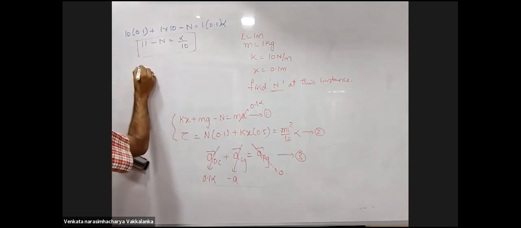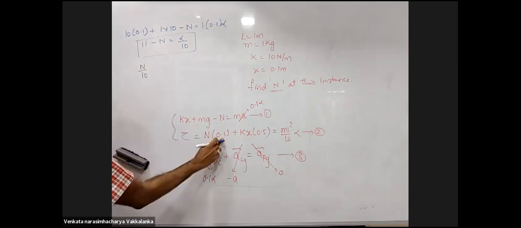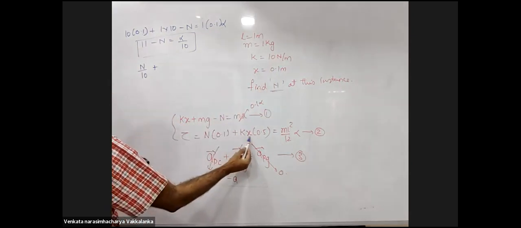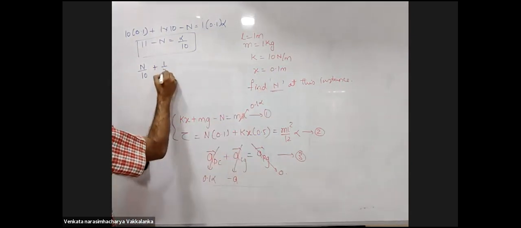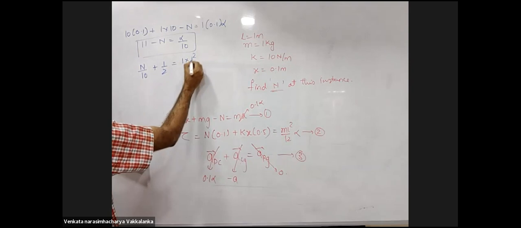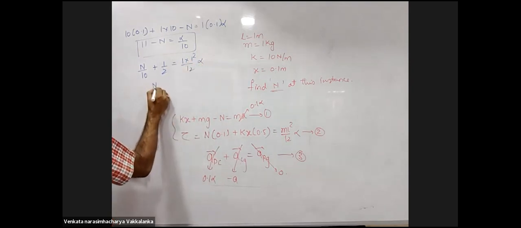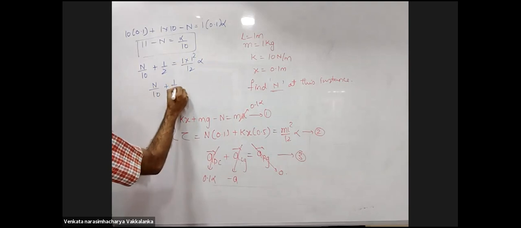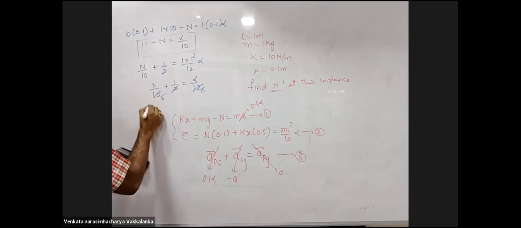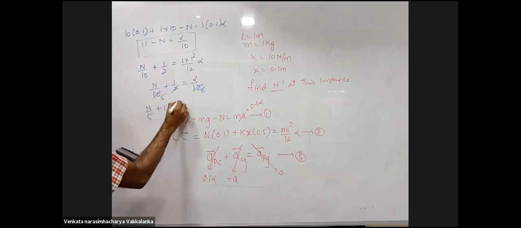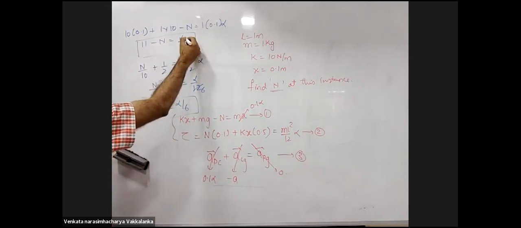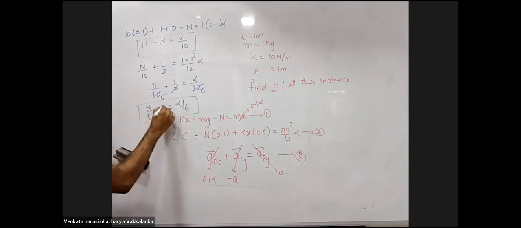Second equation: N by 10 plus k, which is 10, x is 0.1, this is 1, 1 into 0.5 is 1 by 2, is equal to m, which is 1 into 1 square by 12 into 1, alpha. N by 10 plus half is alpha by 12. That means N by 5 plus 1 is alpha by 6. This is my second equation.